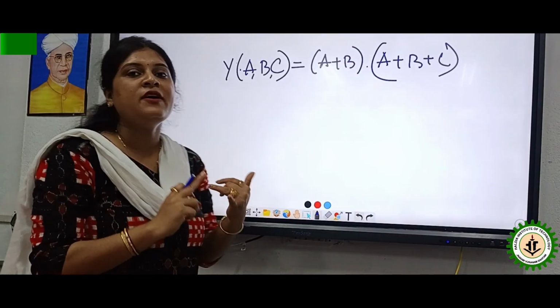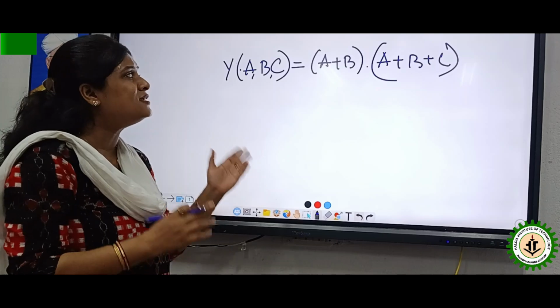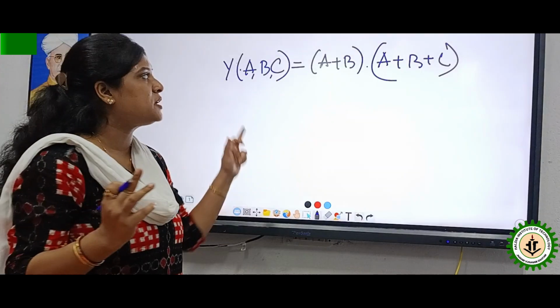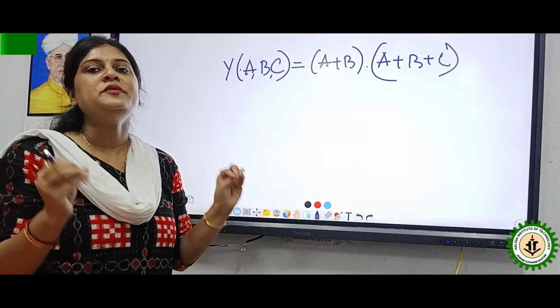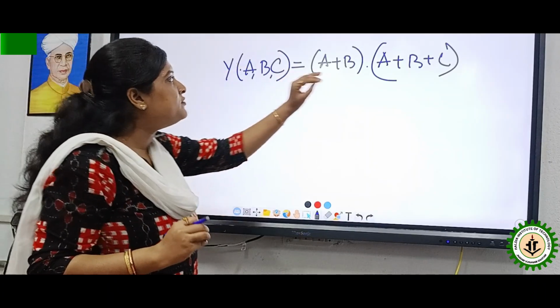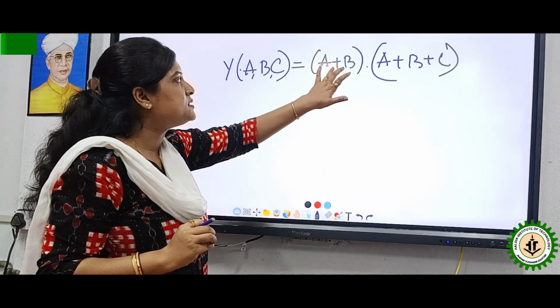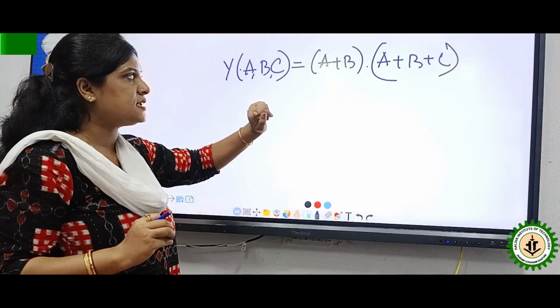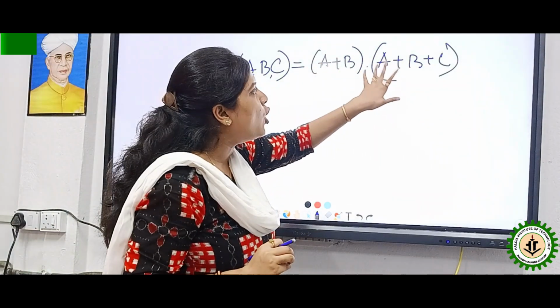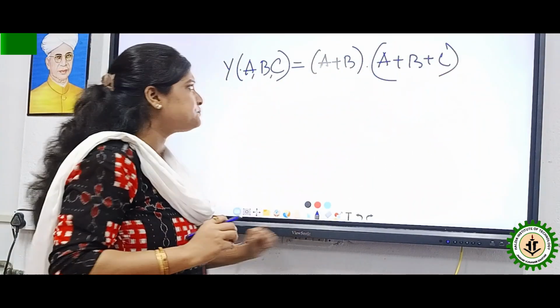Now again we will first check which variable is absent to find out the canonical form of this expression. In the first case, A plus B is there, C is absent. In the second case, all the three variables are there.